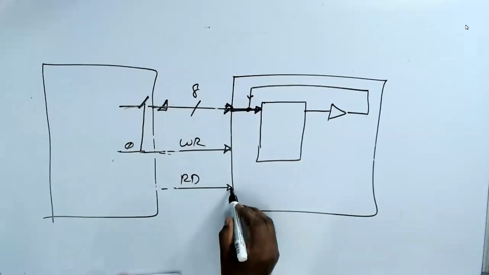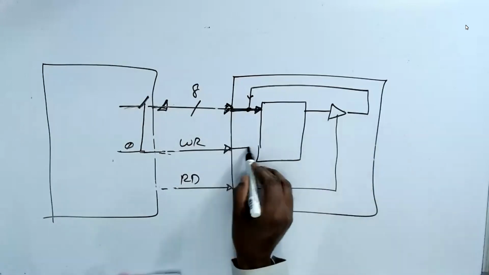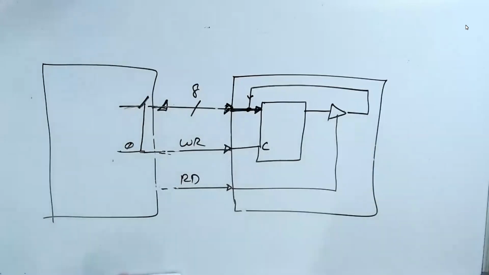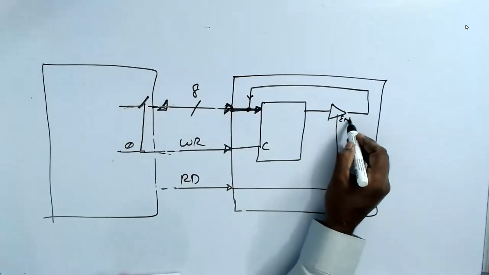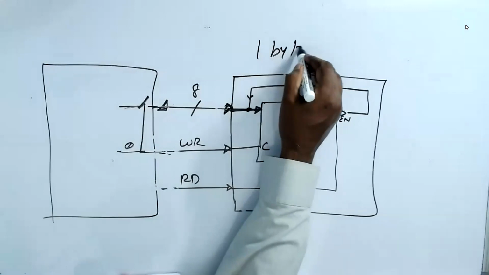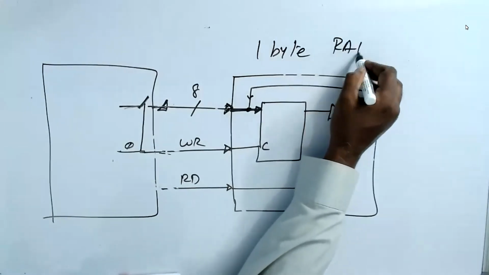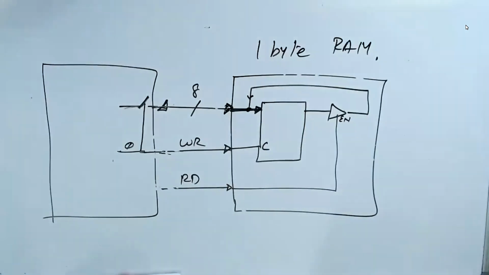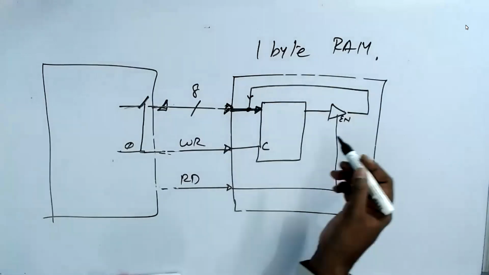The read is connected to enable and the write is connected to C. So this is called 1 byte RAM. You understand now? This is called 1 byte RAM. It's supposed to be called read-write memory, but we are calling it RAM.